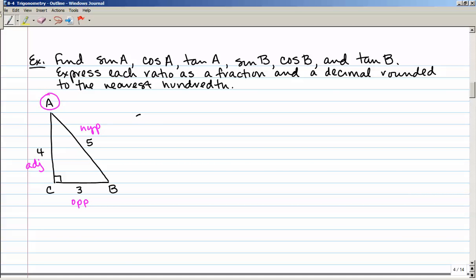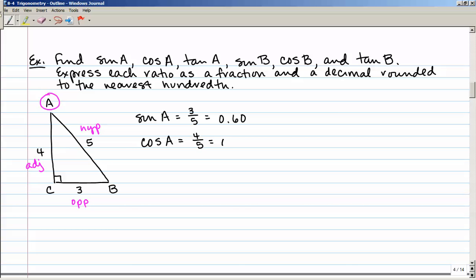So to find the sine of angle A, remember sine is opposite over hypotenuse. So that's going to give me 3 over 5. And I don't need to round that, that's equal to exactly 0.6. The cosine of angle A, cosine is adjacent over hypotenuse, so that's going to be 4 over 5.